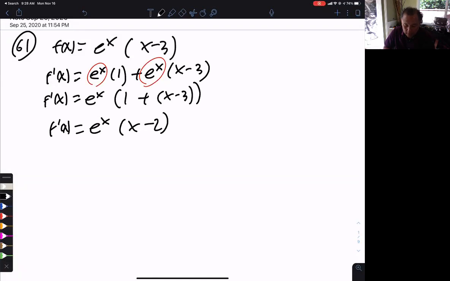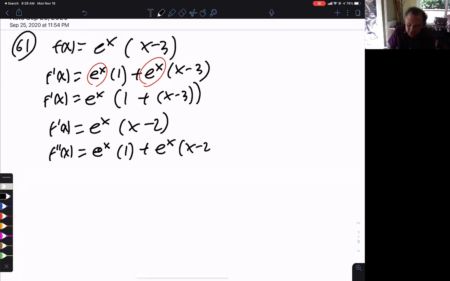And then we have to take the derivative again, and it's going to be the product rule again. I leave the first alone, and I take the derivative of the second. And then I take the derivative of the first and leave the second alone. And then you'll notice they both have an e to the x again.